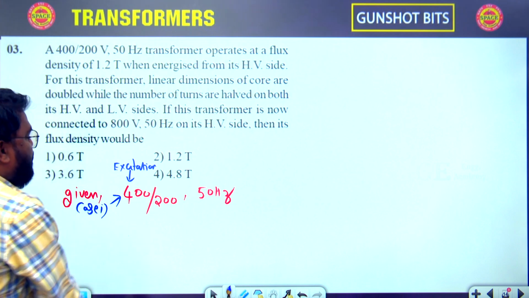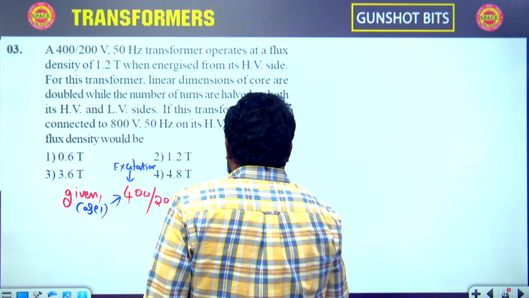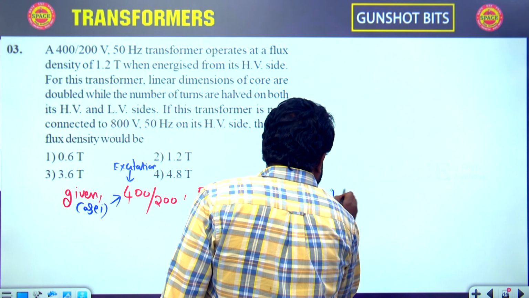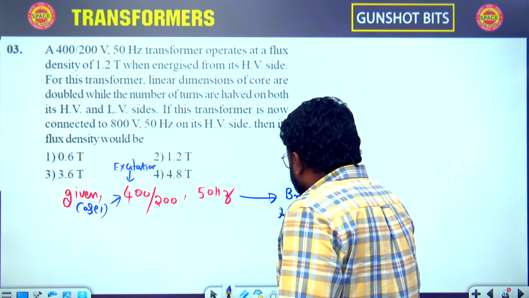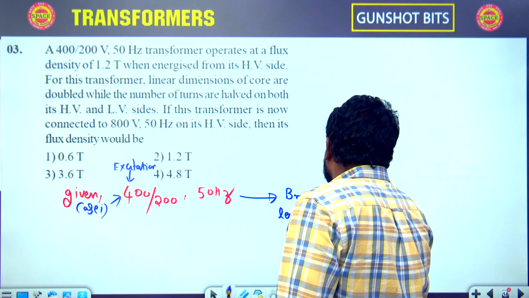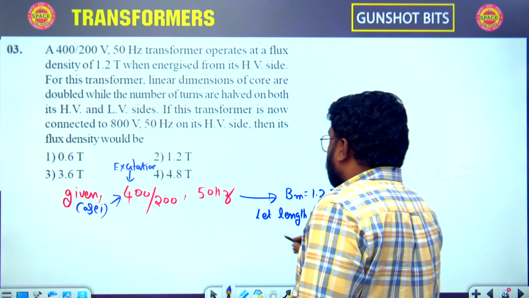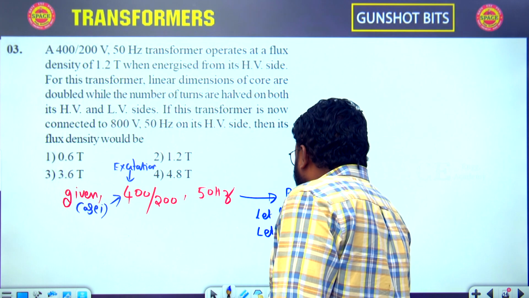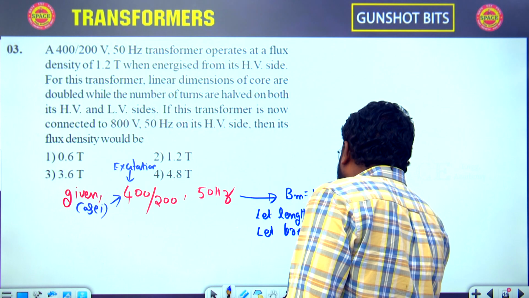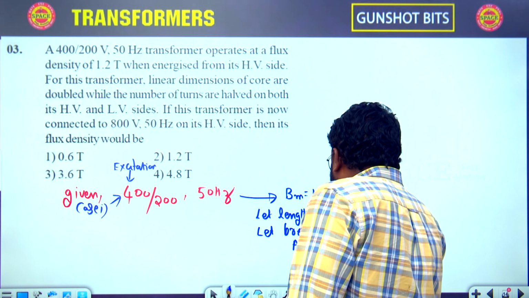We have the 400 upon 200 volts transformer having a flux density of B maximum equal to 1.2 Tesla. Assume the length of the core is equal to L1, and similarly assume the breadth of the core is B1. Now the area of the core is the length multiplied by the breadth.